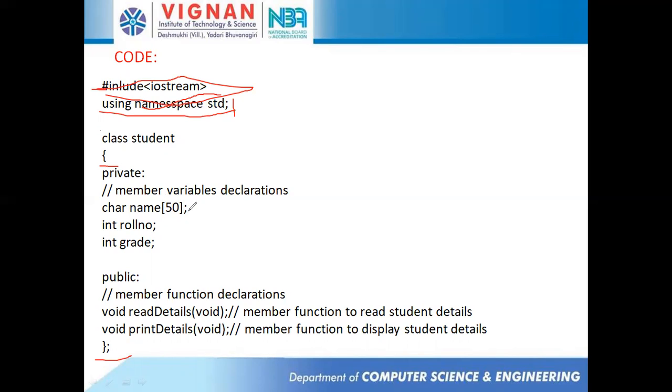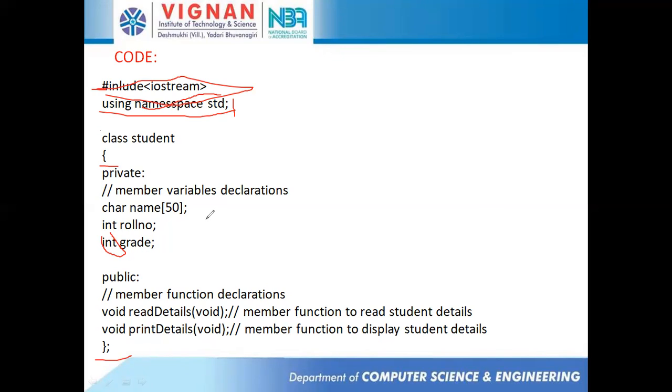The maximum size is 50 characters. Roll number is always an integer, or if it is a combination of alphanumeric, you can use it as a character. And grade must be a character, so you can write it as a character and give the grade here, right?